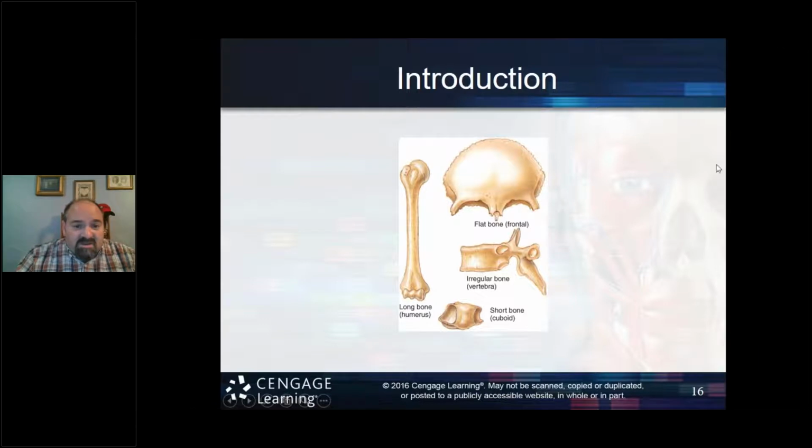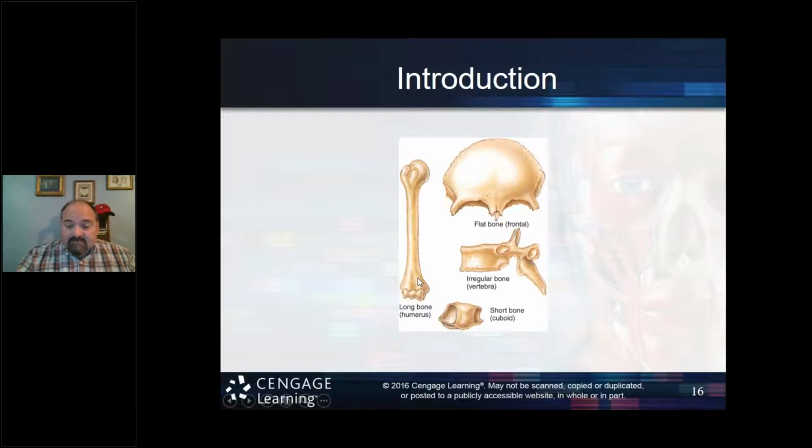Here we have a representation of the humerus, proximal end, distal end. Here's the epiphysis, diaphysis, and the epiphyseal plate would be right here and here, the growth plates.